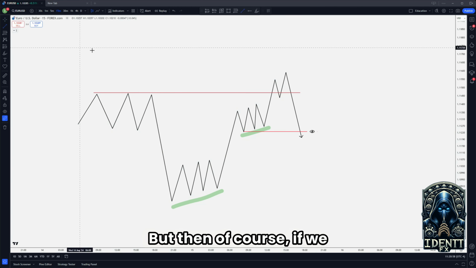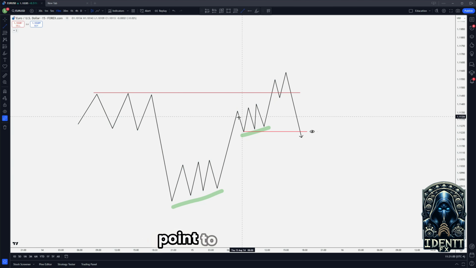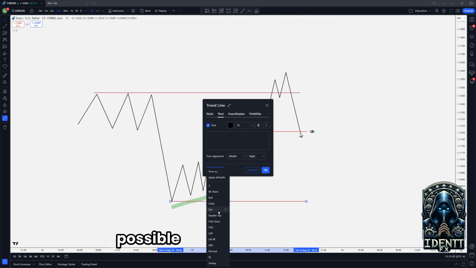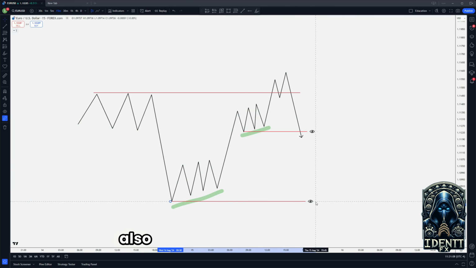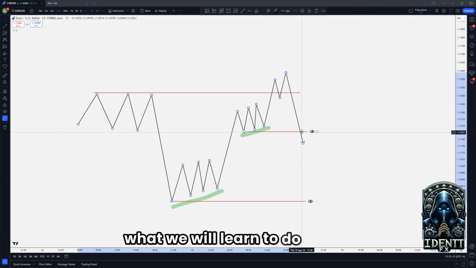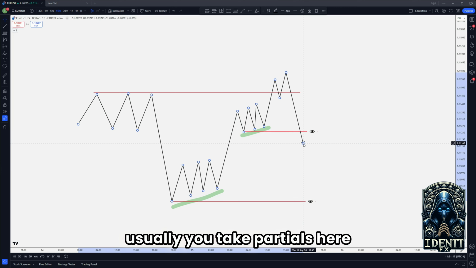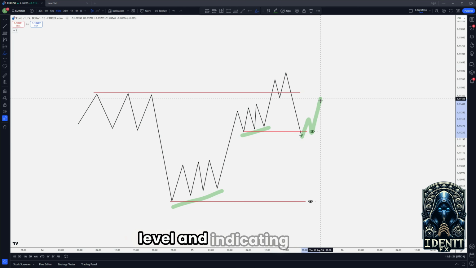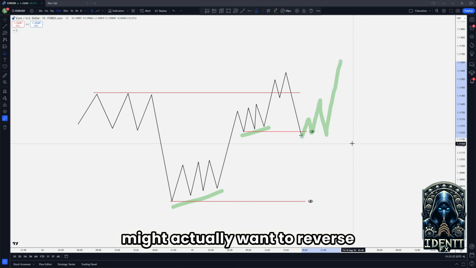But then of course, if we think about an external point to be targeting, we could look at this as a next possible draw on liquidity. Now, I also teach my students that we don't have to just fixate on either this one or on that one. What we will learn to do is that usually you take partials here and then you basically wait. Do we see the market sweeping this level and indicating that it might actually want to reverse?